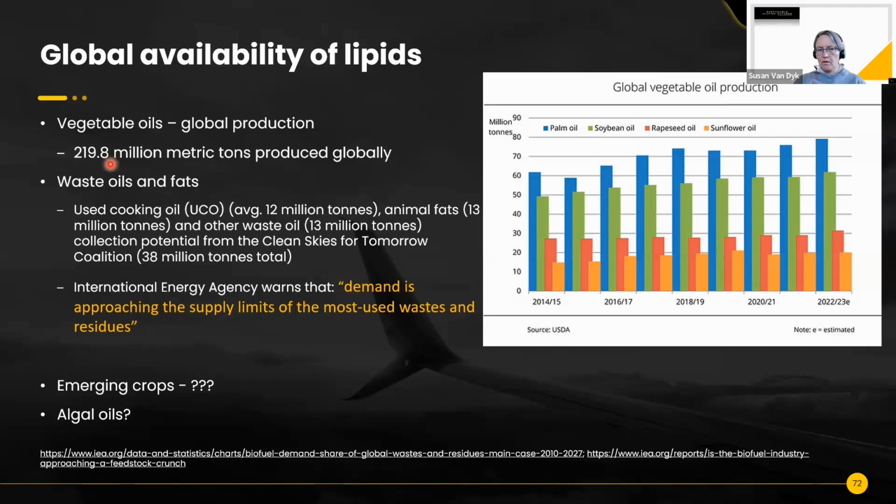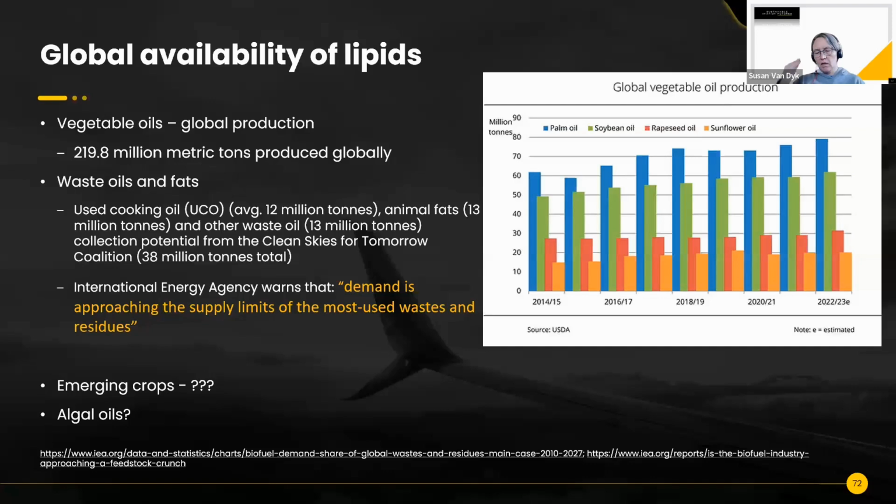As I said, for low energy density feedstocks, the SAF production will be located where the feedstocks are. But for lipids, oils and fats, we have a lot of crops being produced worldwide, about 220 million tons. Palm oil is the biggest one, then we've got soybean oil, rapeseed oil, sunflower oil. This is globally available and can essentially be transported everywhere.